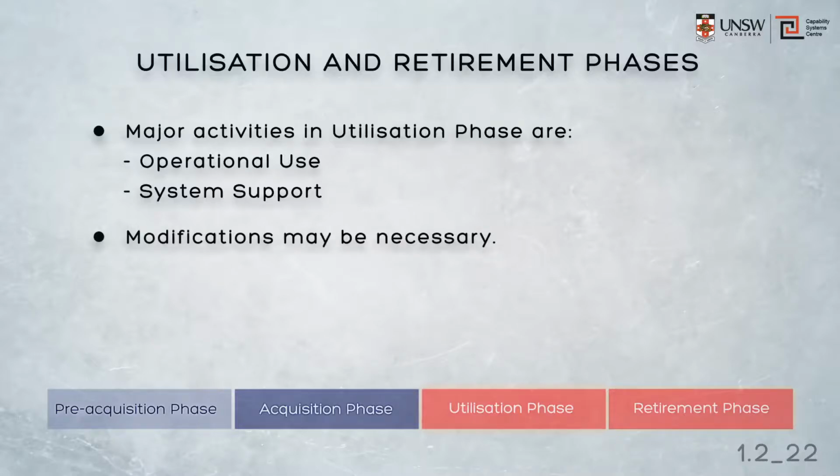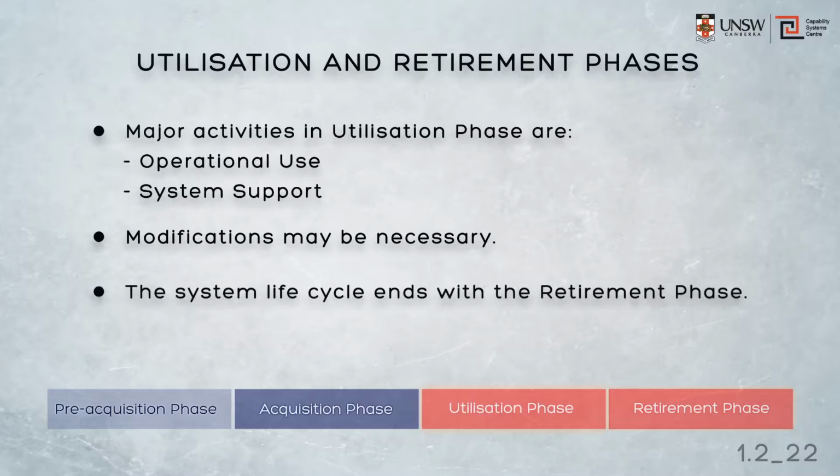And of course, as we saw before, those modifications may be necessary to rectify performance shortfalls, to meet changing operational environments, for example, or perhaps to address some ongoing support issue to keep the system maintained. The system stays in service, hopefully for a much longer period than it took to actually acquire it, but it must end at some time, and so the system lifecycle ends with retirement of the system, which may well overlap, as we saw earlier, with the introduction into service of a replacement system.